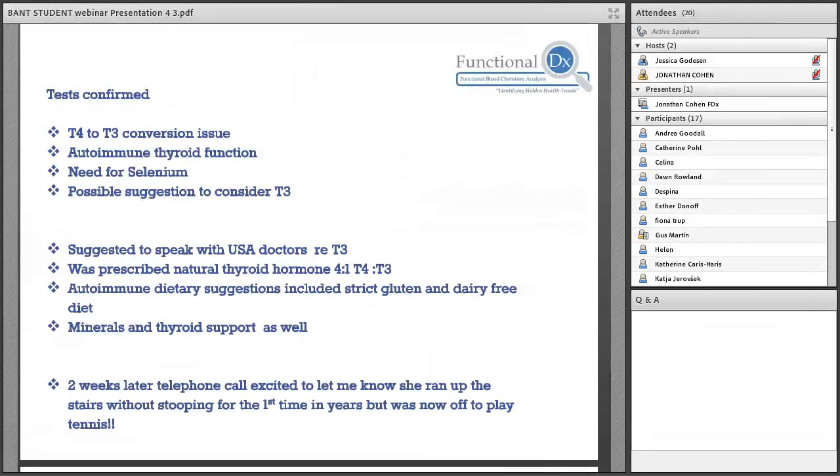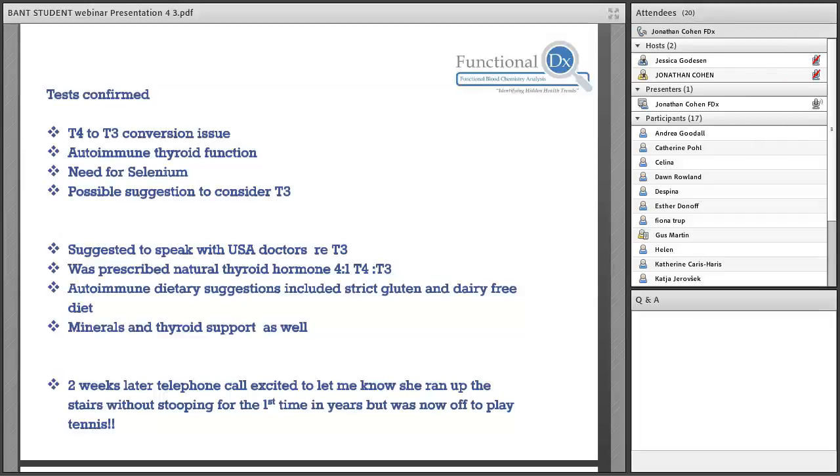And then as a result, we agreed T4 to T3 was a conversion issue. She had an autoimmune thyroid function. She had a need for selenium. A possible suggestion to consider T3 as a hormone in its own right. Now, this is not something I can do in my remit as a nutritional therapist.